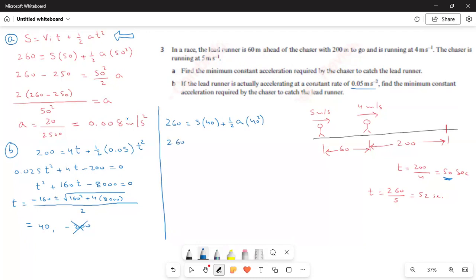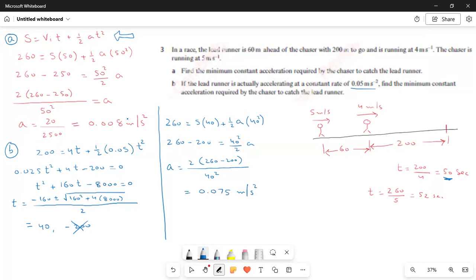This is going to be 260 minus 200, since 5 times 40 is 200, and this is equal to 40 squared over 2 times a. So the acceleration is going to be 2 times 260 minus 200 over 40 squared. This gives us an acceleration of 0.075 meters per second squared.